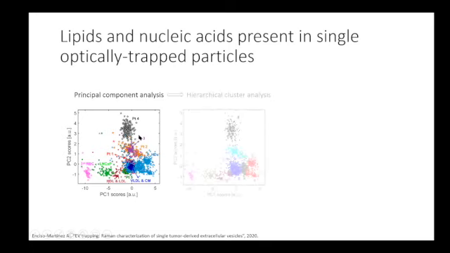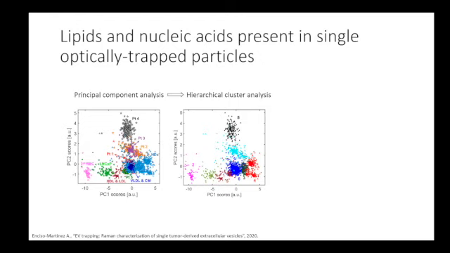What we also did later was hierarchical cluster analysis. This is a technique, like I mentioned, that can help us to cluster particles that have similar chemical compositions. I use the same representation as before, but in this case, the colors refer to particles with similar chemical composition.